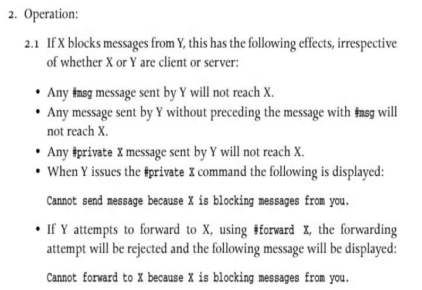I'm saying it works the same way on client and server. So any hash message sent by Y will not reach X, and also any kind of message, by the way, will not reach X, and private messages neither. I'm clarifying. I'm being very specific here, so people don't ask questions. You know, there shouldn't be any questions left over at the end, basically.